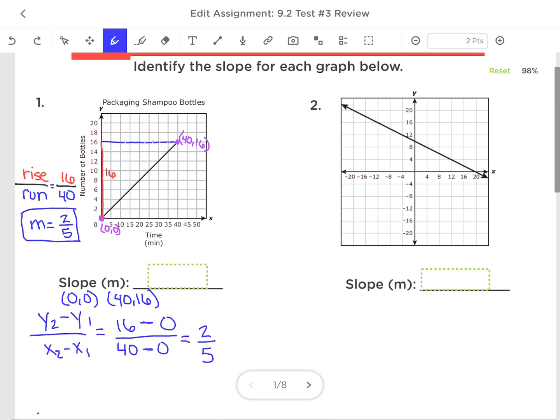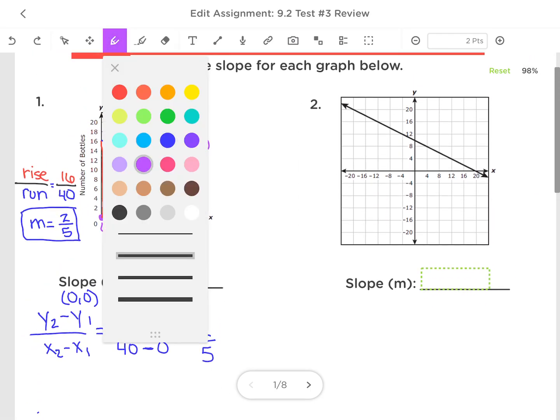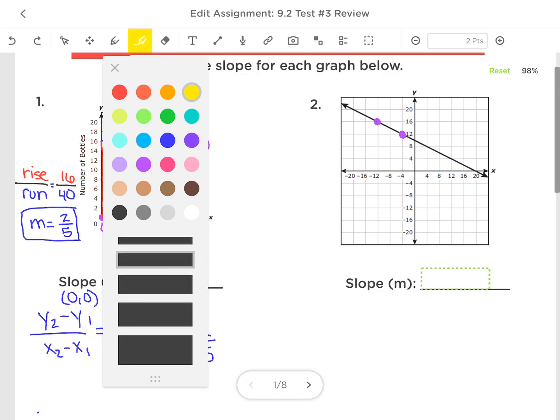Looking at number 2. We need 2 pretty points. So it looks like we have a pretty point right here and a pretty point right there. Again, you have to be careful because if you look, our sides are going up by 4s, not by 2. So you have to be very careful whenever you're doing rise over run.